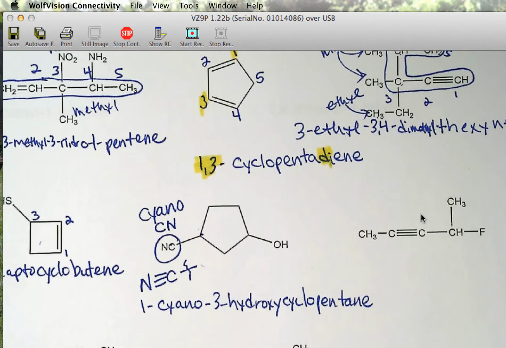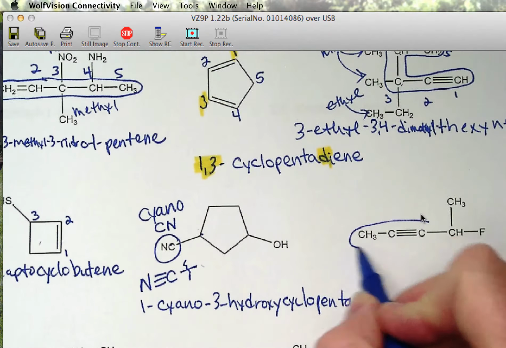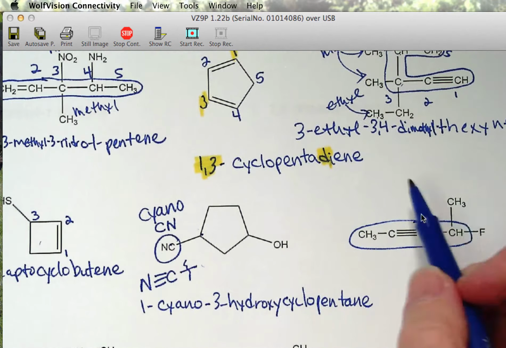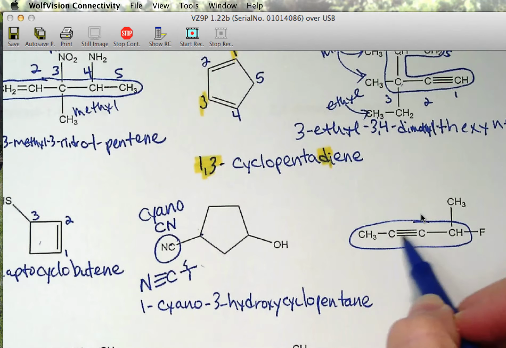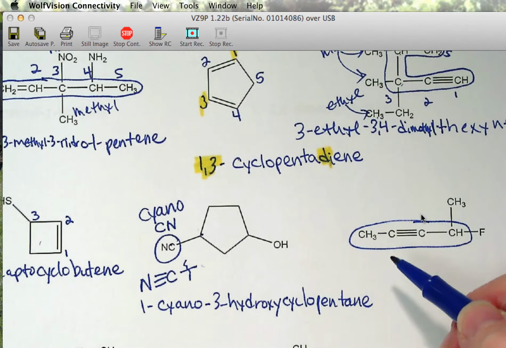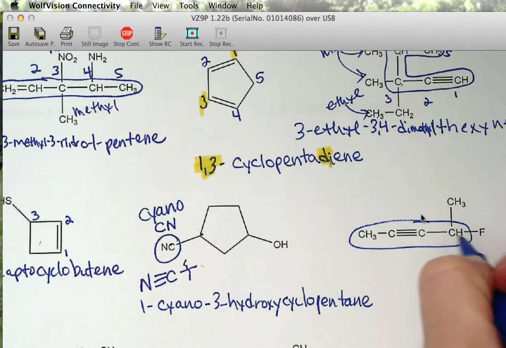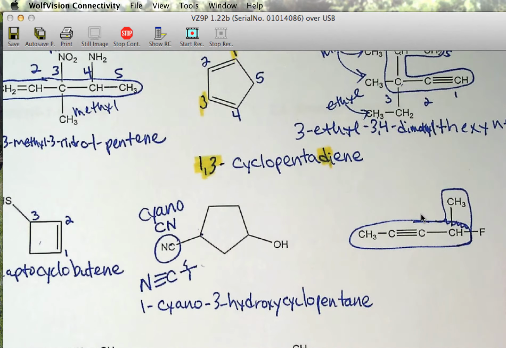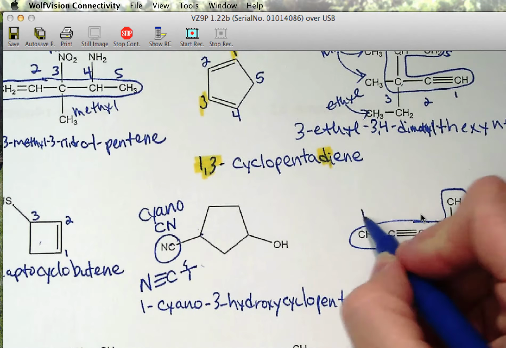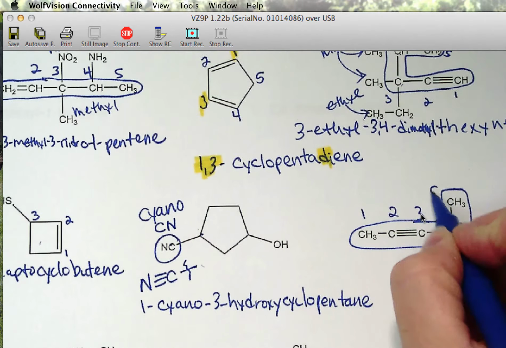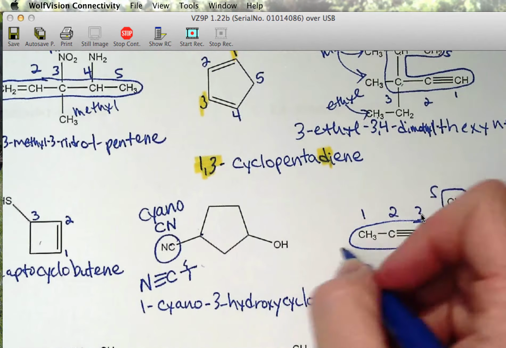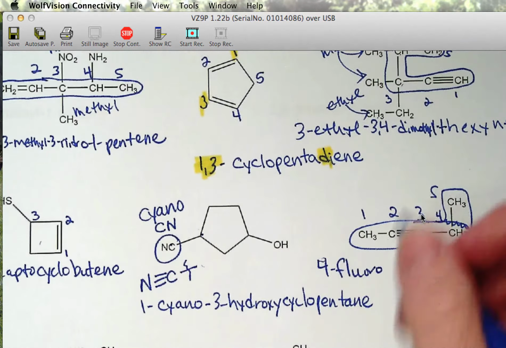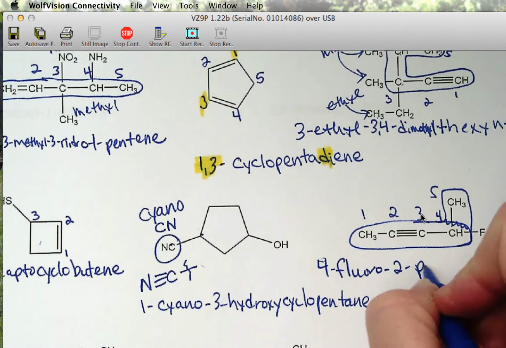And then this last one, we can't have another carbon. Oh no, I've circled, you're right. Oh, good. So 4-fluoro-2-pentyne.